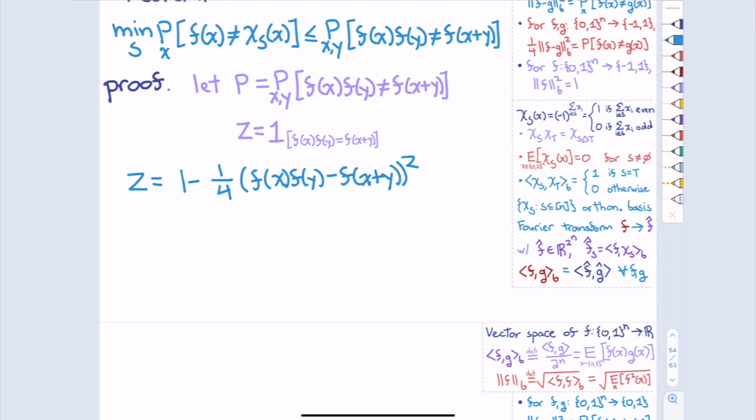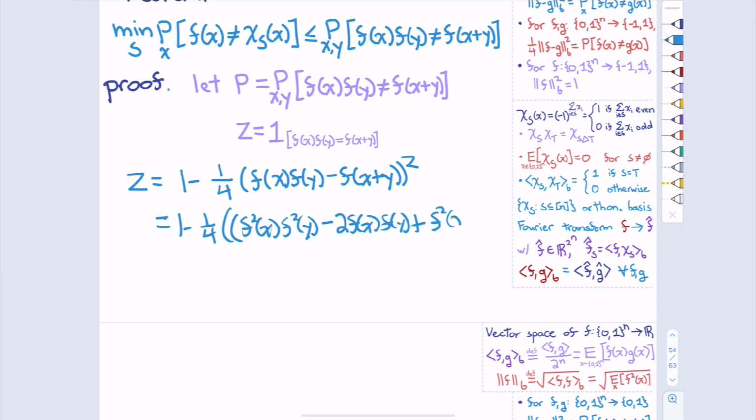Okay, so if we expand this out, then you get some kind of like f squared x, f squared y, minus 2 fx fy plus f squared x plus y, right? Just expanding out that squaring. Oh, okay, I see what you're saying.